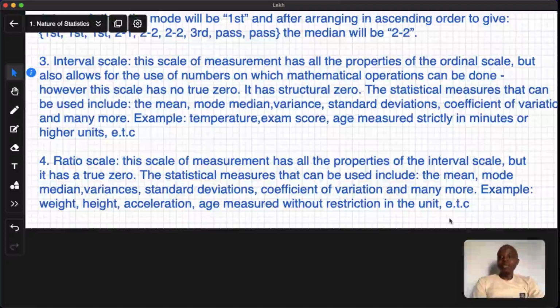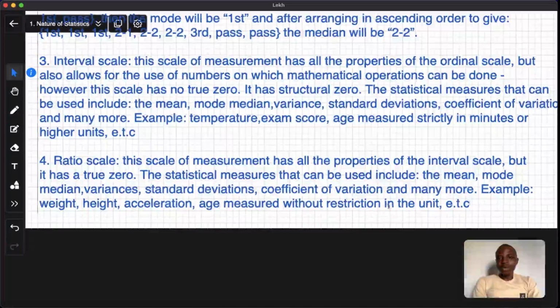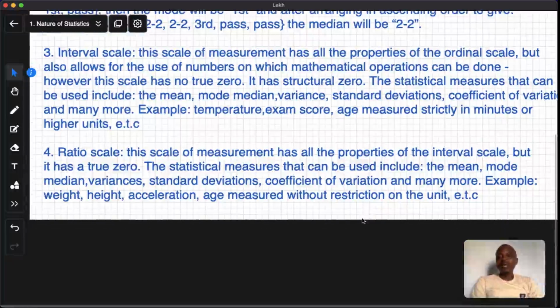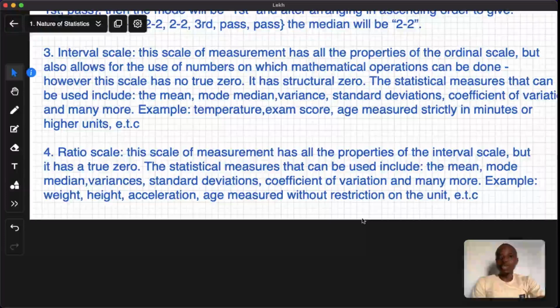If you're measuring in years, you may have 2 years and 6 months, and you can have that in fraction. So there is no restriction on the unit in this case. You may be measuring in hours but still take into consideration the minutes and seconds, or you're measuring in years but still take into consideration months, minutes and seconds, and so on. All right, so that's that.